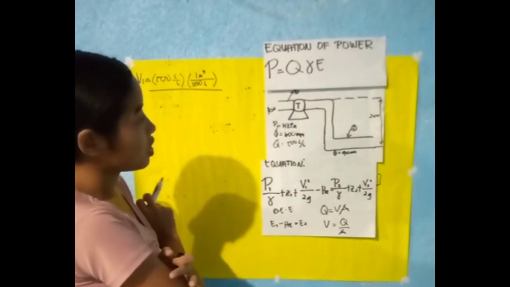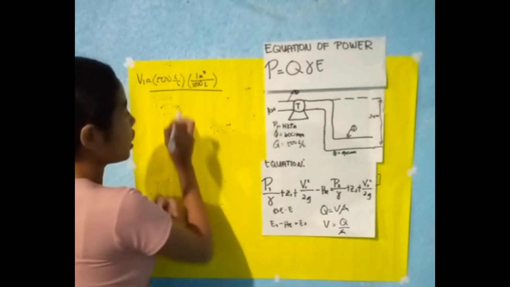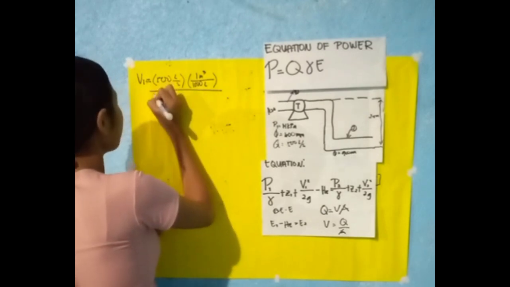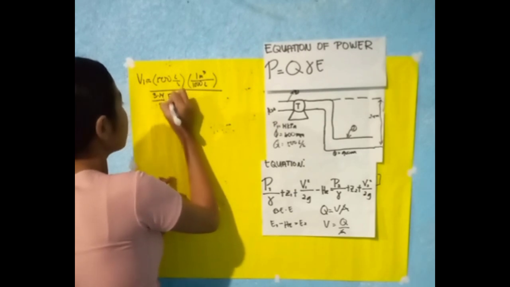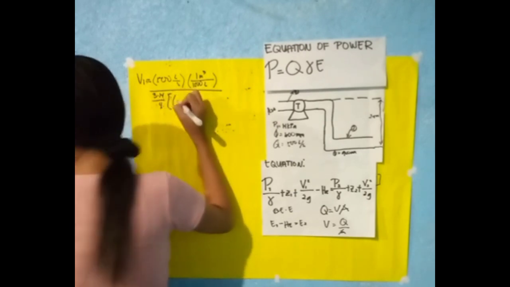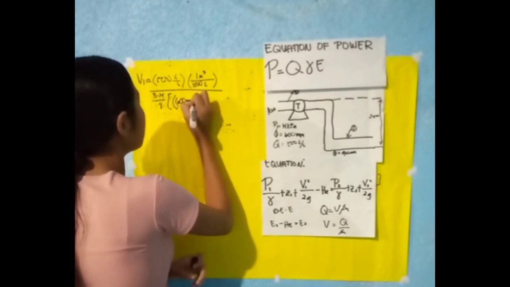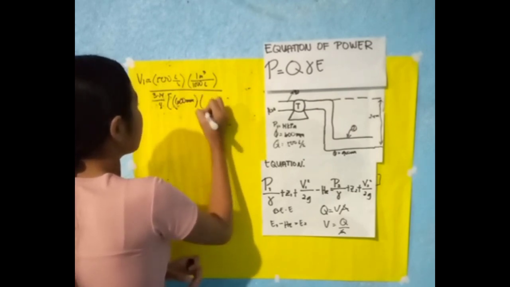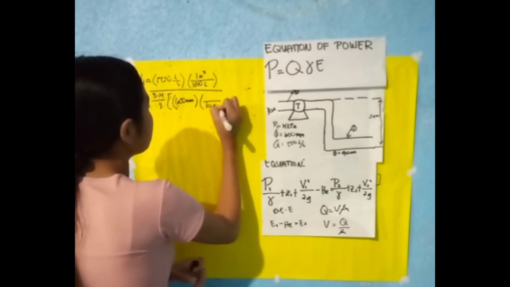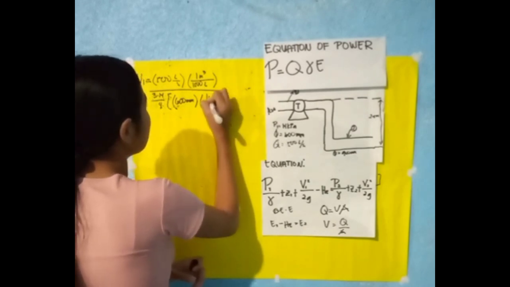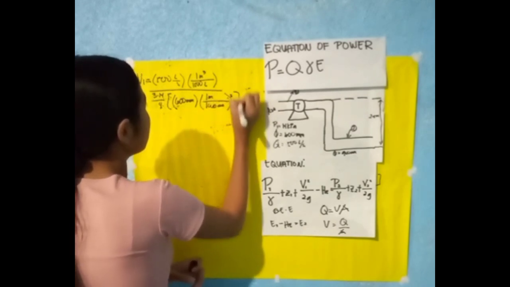our pipe. Here is a circular pipe. So we have pi, 3.14 times 4. Then divide natin siya in our area which is 600 millimeter. Convert pa rin natin 1,000 millimeter in 1 meter squared.